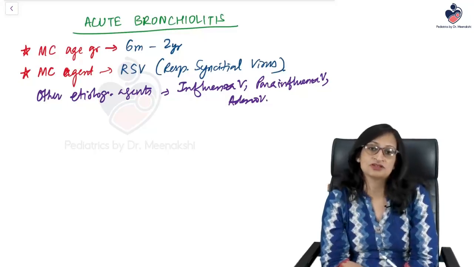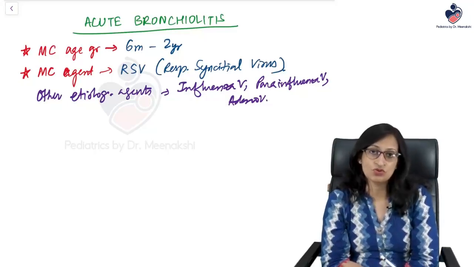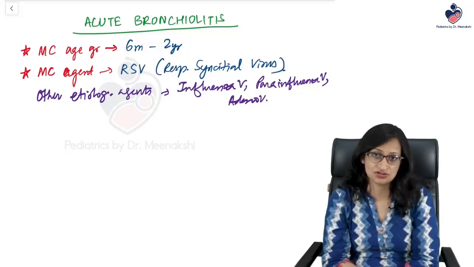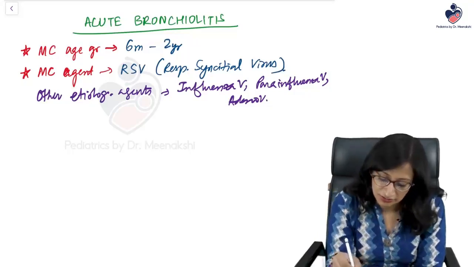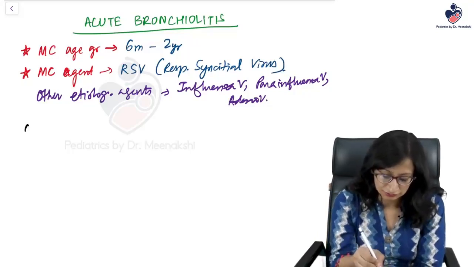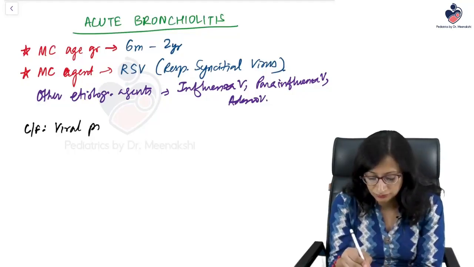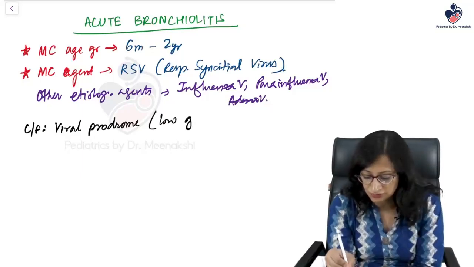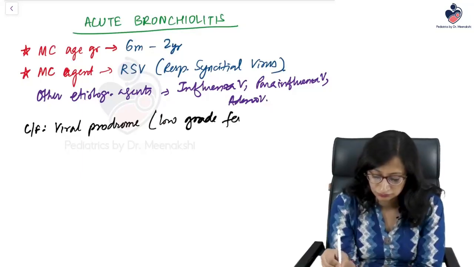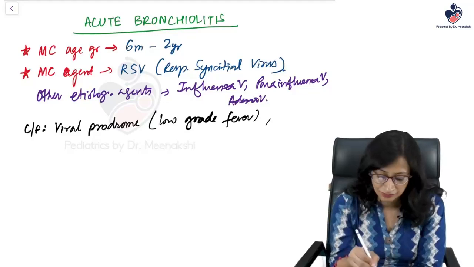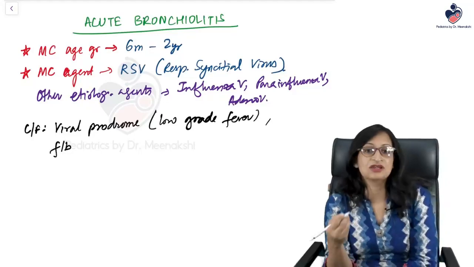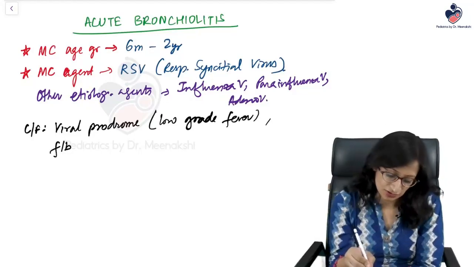Clinical picture, it will also present with a viral prodrome, low grade fever, cough, coryza followed by respiratory distress. So clinically it will present with a viral prodrome wherein there can be low grade fever, coryza, followed by tachypnea, retractions and hypoxemia.